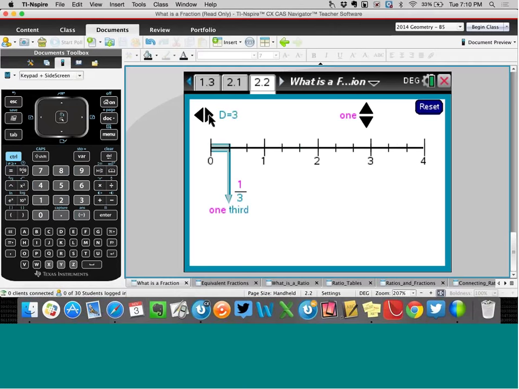So I would like for you to answer this in the chat. How can you tell whether 1/3 or 1/5 is smaller, and why? So how can students begin to make sense of whether 1/3 or 1/5 is smaller?